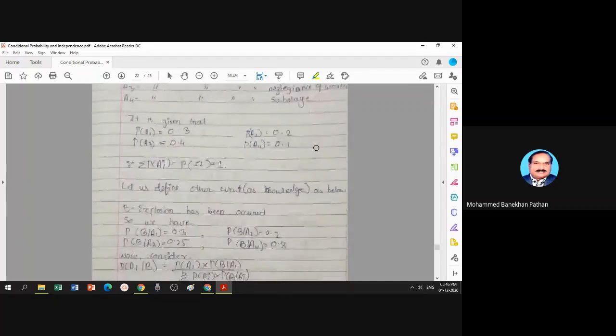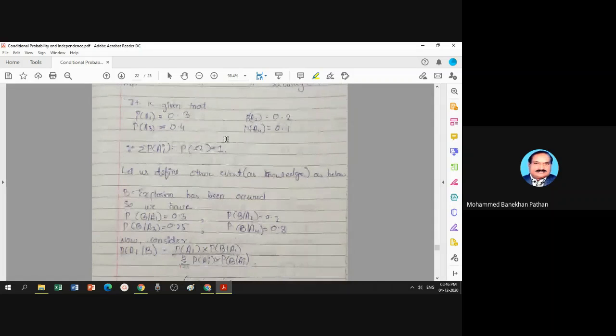It is given that the chance of first partition is 0.3, second partition 0.2, third partition 0.4, fourth partition 0.1, and this is a condition to be remembered.